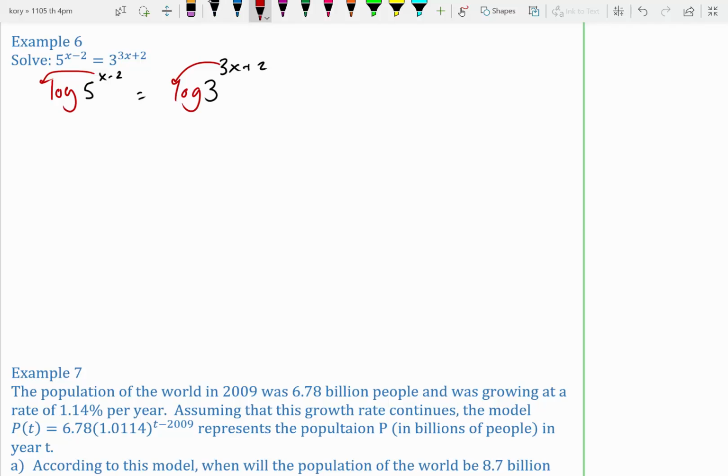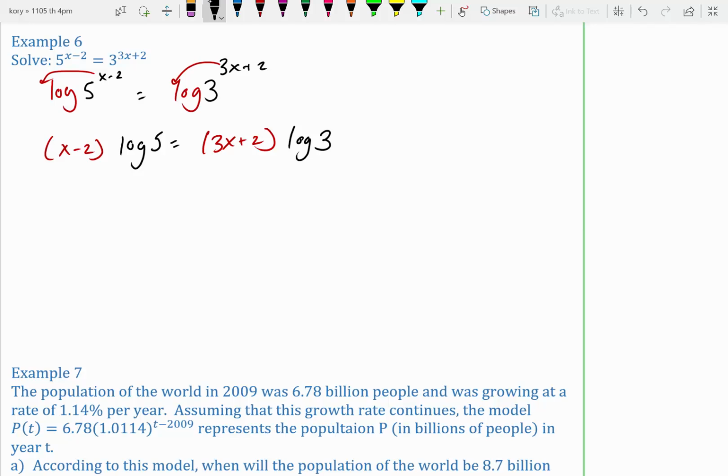So we get on the front x minus 2 log 5 equals 3x plus 2 log 3. What do you do with the logs?